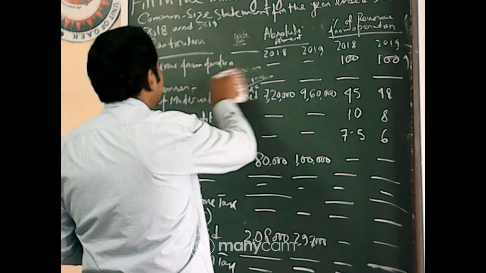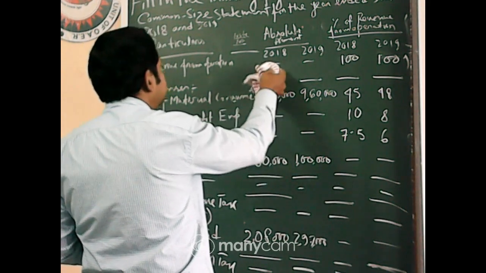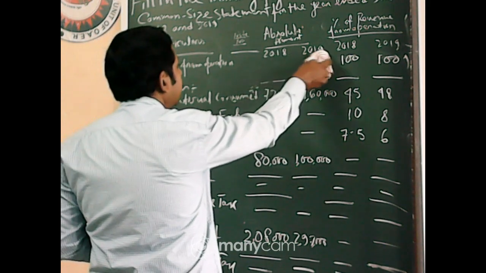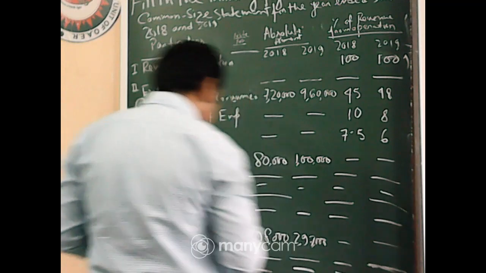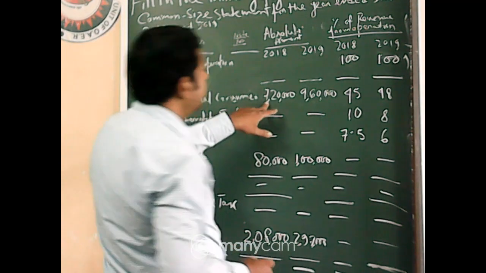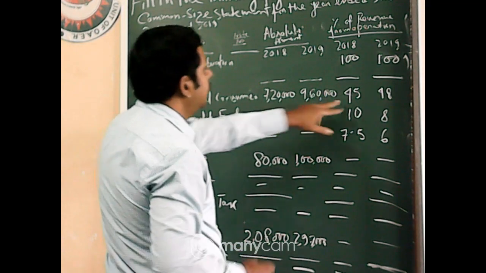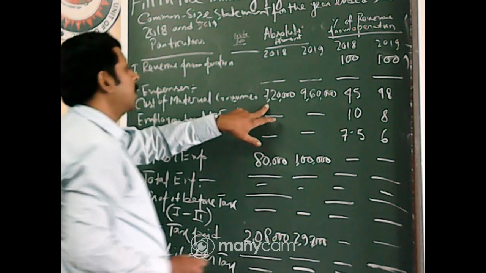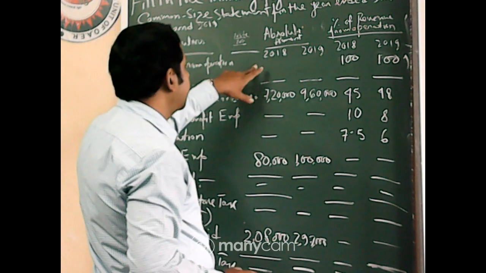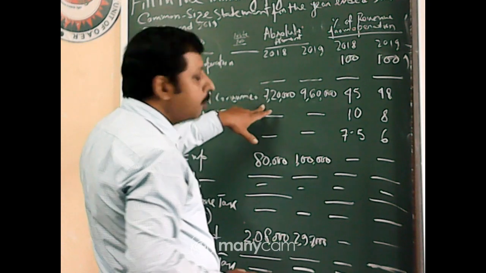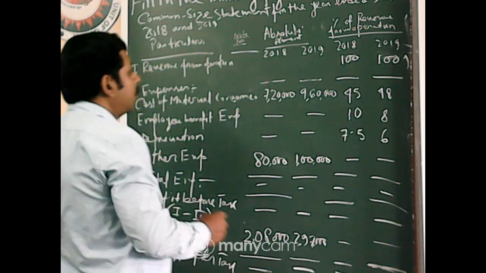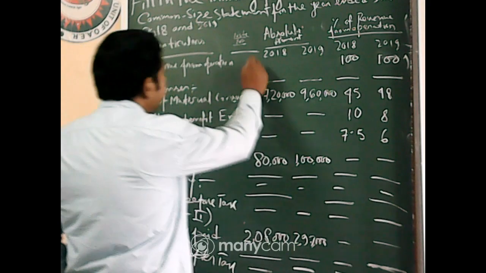So 7,20,000 is 45%, then what will be 100%? 7,20,000 divided by 45 into 100, then what figure will come? That is 16 lakh.